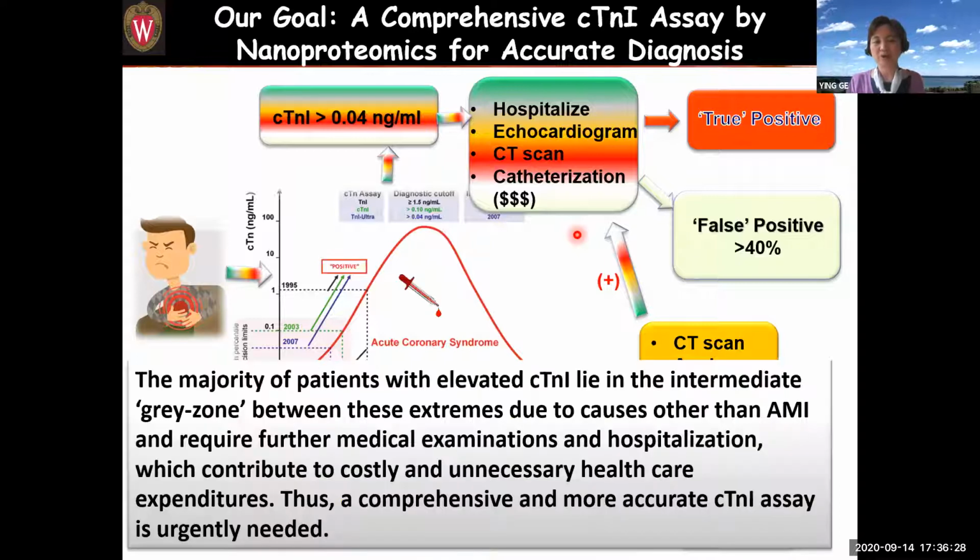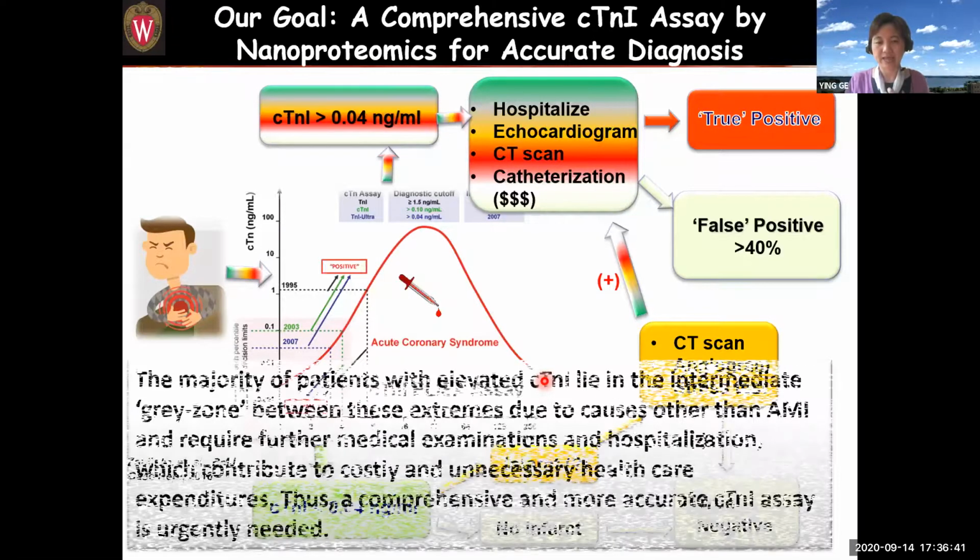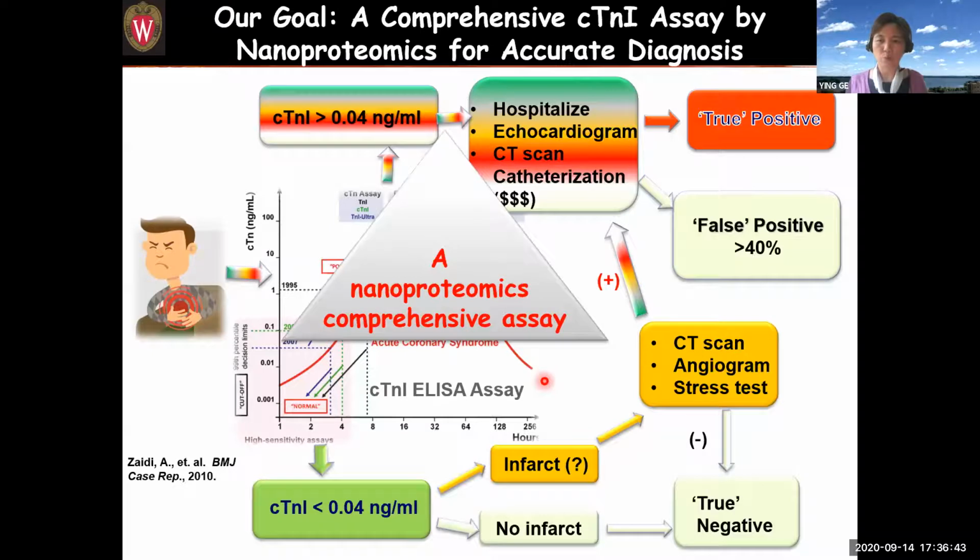So we definitely hope to allow better diagnosis of the majority of patients who have elevated troponin but may or may not have heart disease. This is where we want our nanoproteomics assay to come in to help differentiate those patients better.